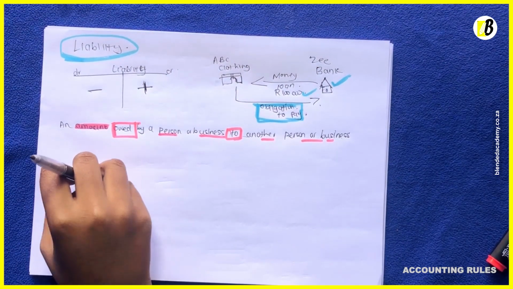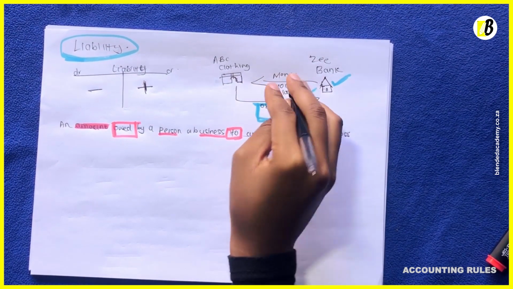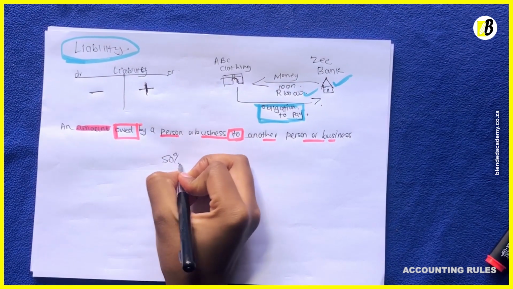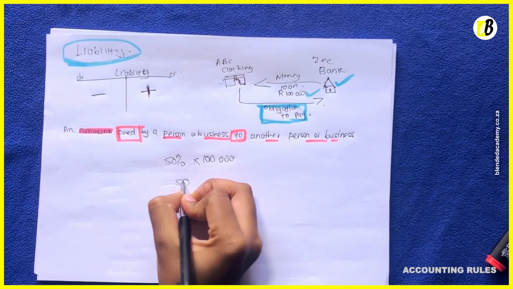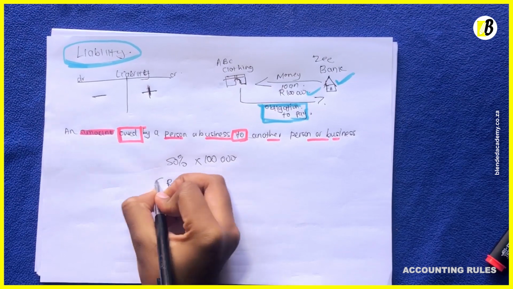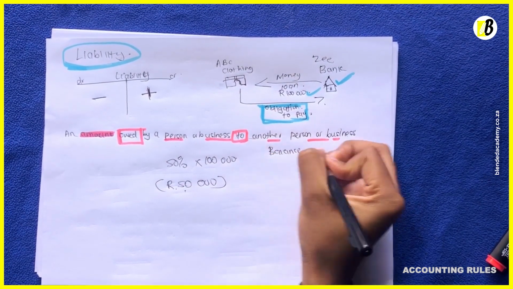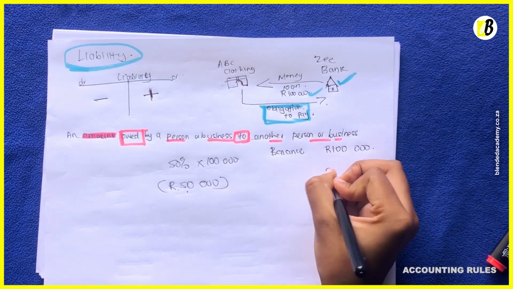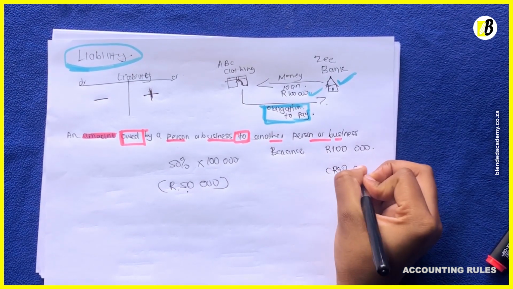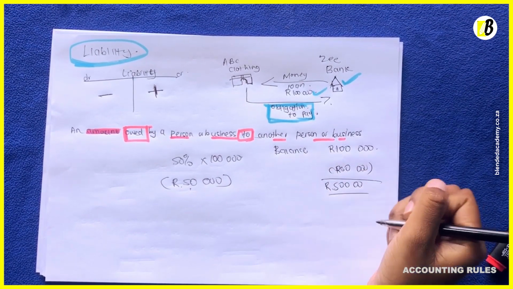But now let's say that at the end of 2 years, I decide to pay back 50% of this money. Let's say I paid 50% of the 100,000, which is 50,000. Now my balance of the loan at year 1, which was 100,000, has been reduced by 50,000, which means I'm only owing 50,000 to Z Bank.